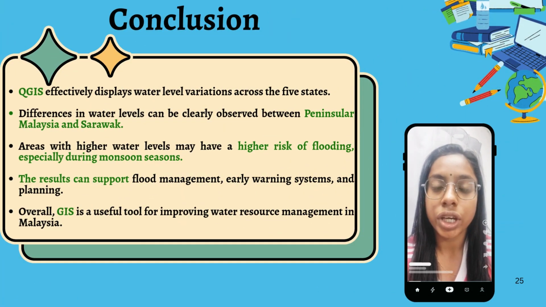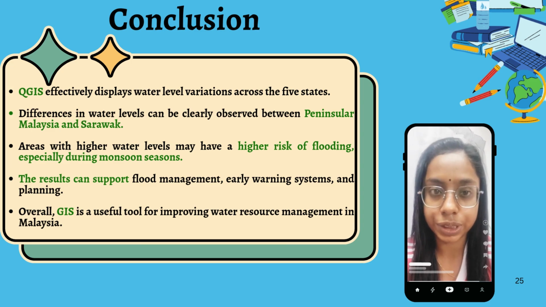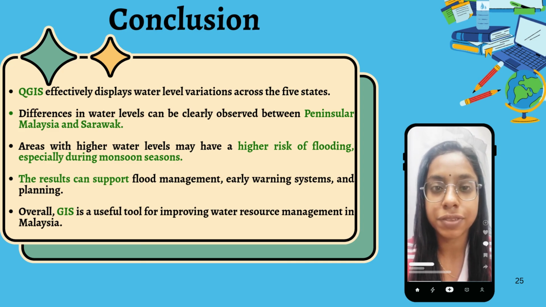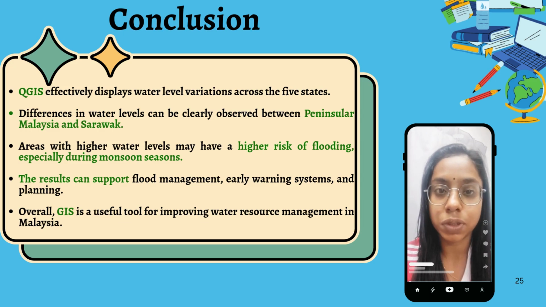Okay, now we are in the ending part of this presentation, which is conclusion. QGIS effectively displays water level variations across the 5 states. Differences in water levels can be clearly observed between Peninsular Malaysia and Sarawak.